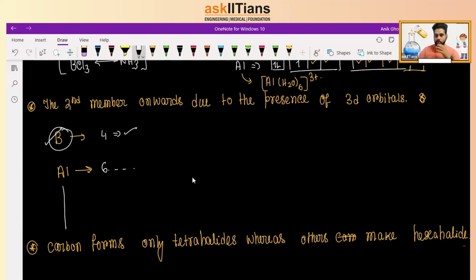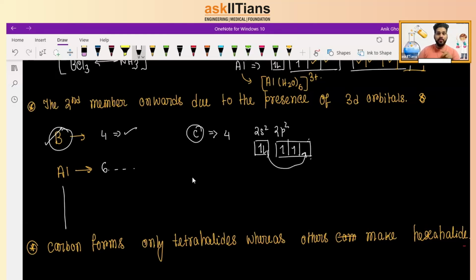Let's say for group 14, if I talk about, there also you have carbon. Carbon's highest valency you can take it to is 4, because carbon is 2s2, 2p2, right? Like this. Then excited state, all the orbitals are taken up.